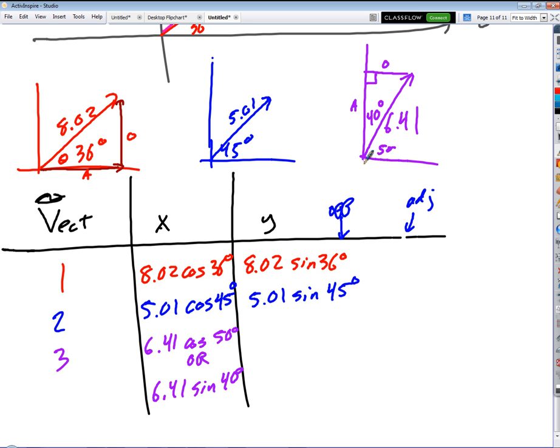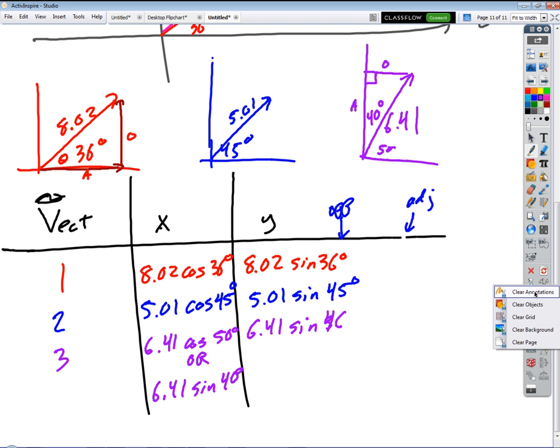so we're using this triangle, then the y component would have been sine again, wouldn't it? 6.41 sine 50.